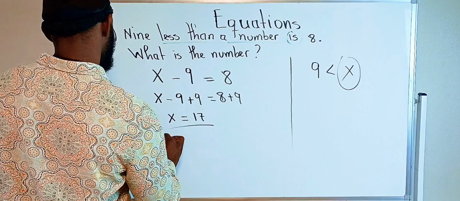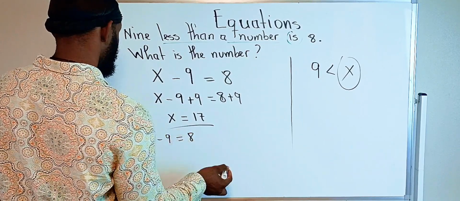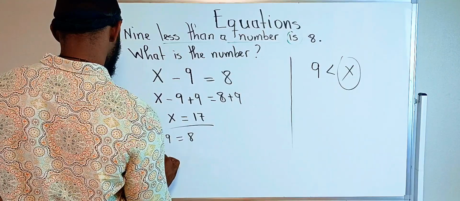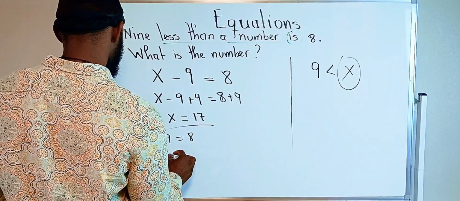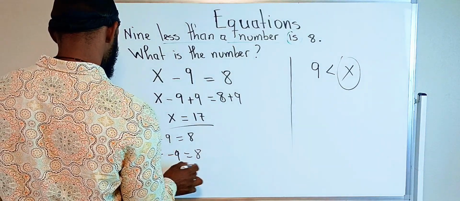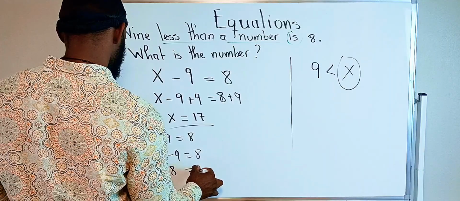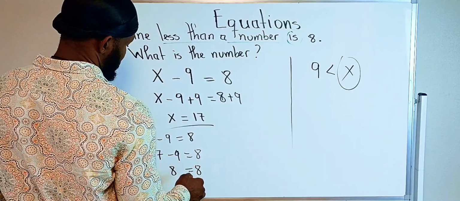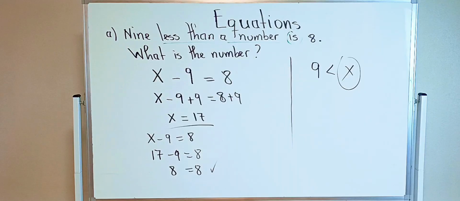To check, we write the original equation, and we substitute the value of the variable in it to see if it still balances. So 17 minus 9 equal 8, 8 equal 8. This is verified.